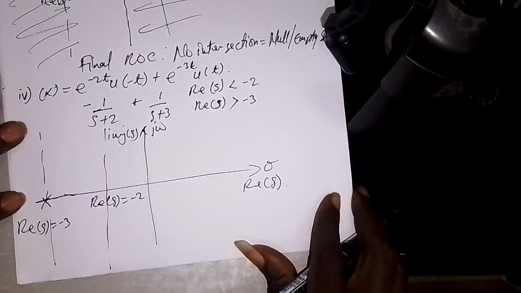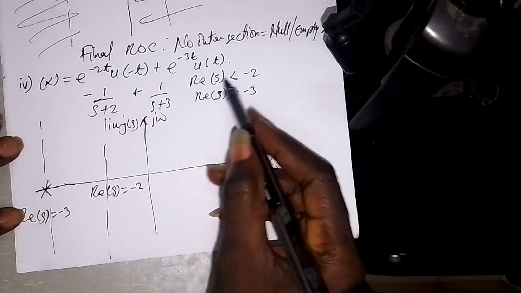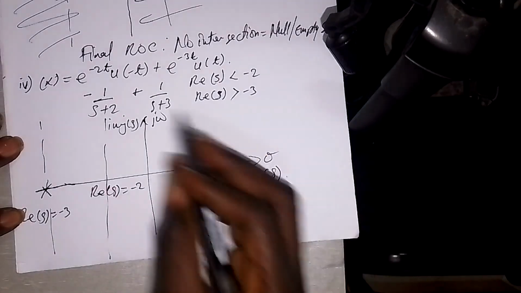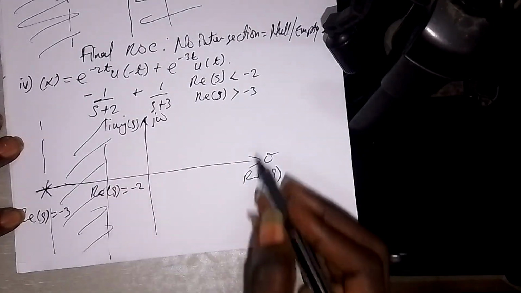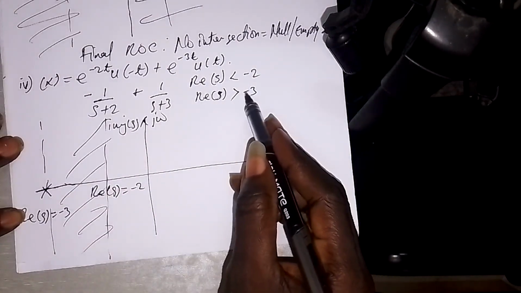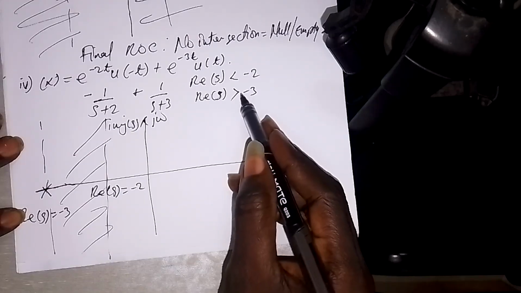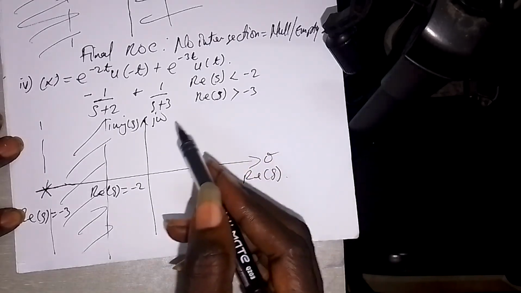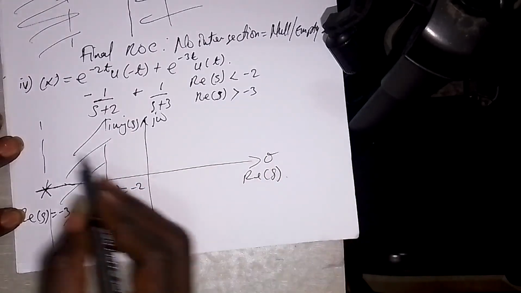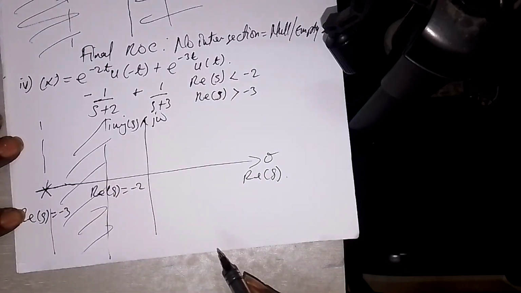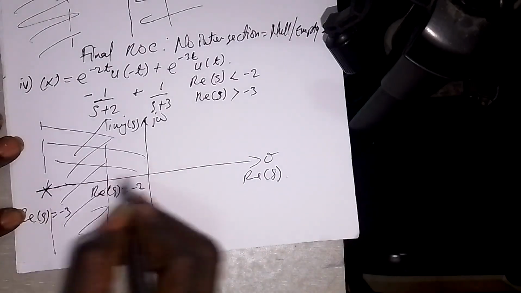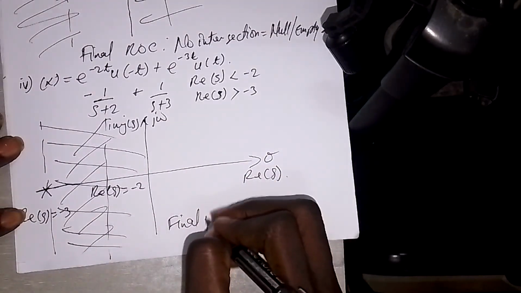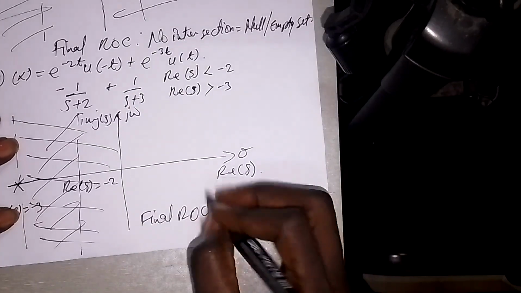Now, the minus 3 and minus 2: RE of s is less than minus 2, so it must face here. RE of s is greater than minus 3, so that one would also face here.